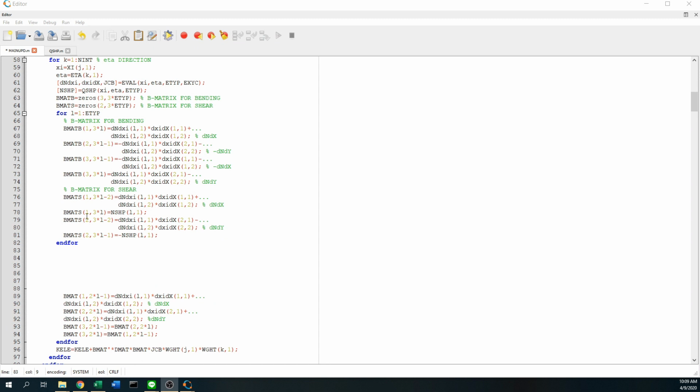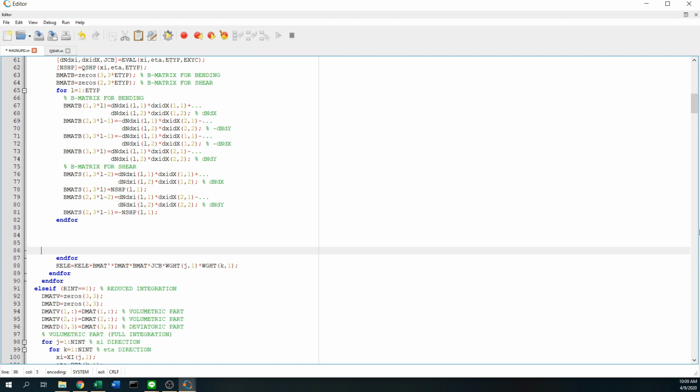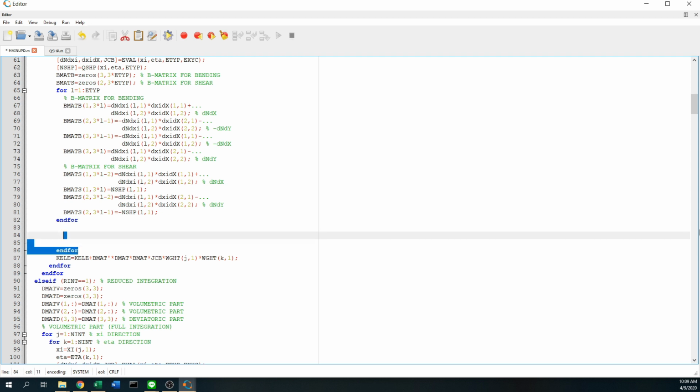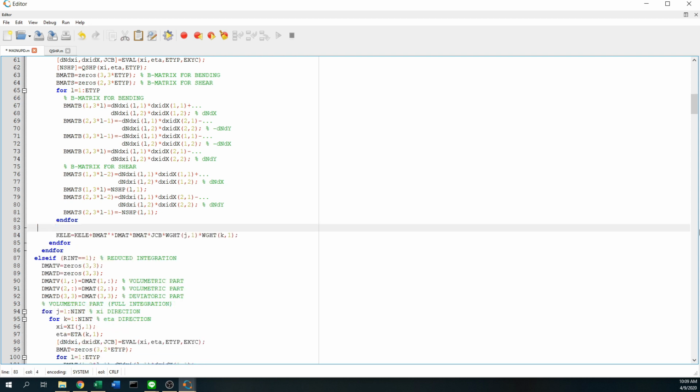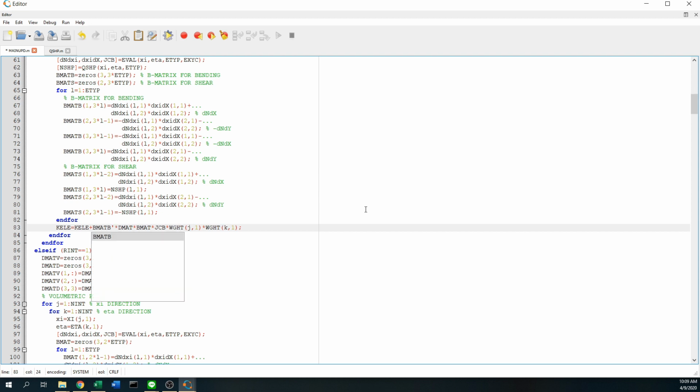The next part is that we evaluate the B matrix one at a time already. I deleted the part there because it is for the plane problem. So K element is equal to K element plus B mat transpose times D mat.